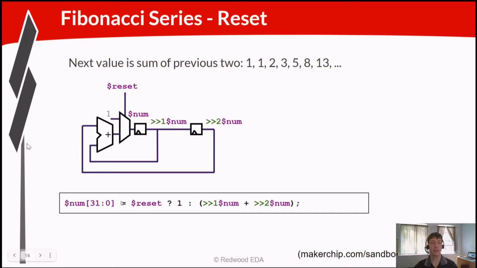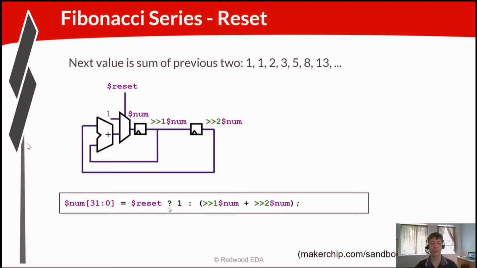And this in TL-Verilog is the expression of this logic. So we have a number, and we're making that number a 32-bit number. And that number, if reset, is 1. And here I'm using a ternary operator. The ternary operator is this question mark colon.